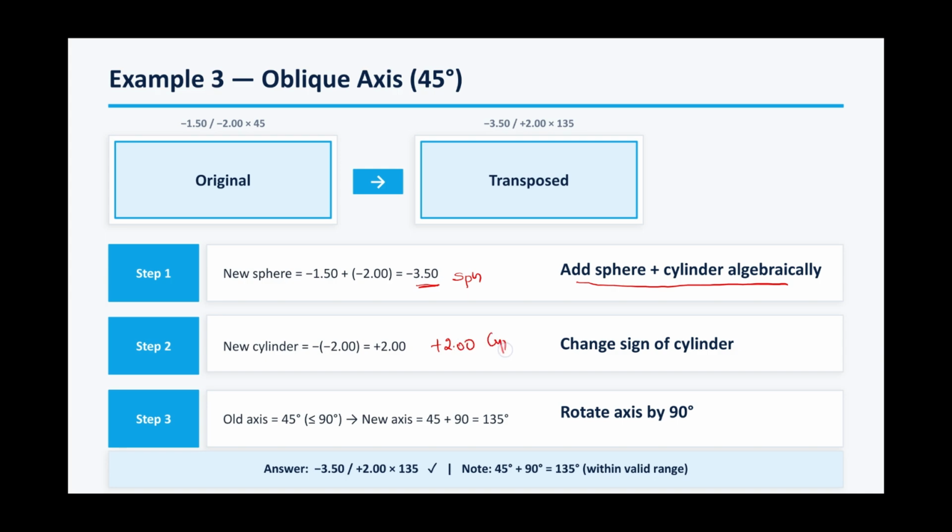Rotating it by 90 degrees: since it is less than 90, we add 90 to this 45, which gives the new meridian. So what is the new transposed prescription? It is -3.5 sphere +2 cylinder at 135 degrees. So this is the transposed value.